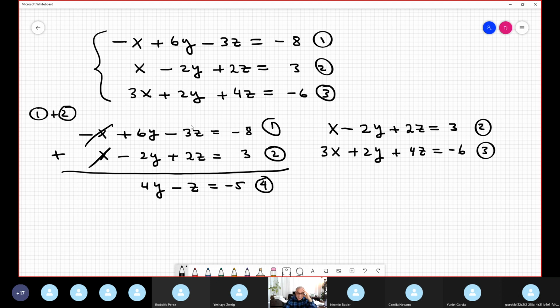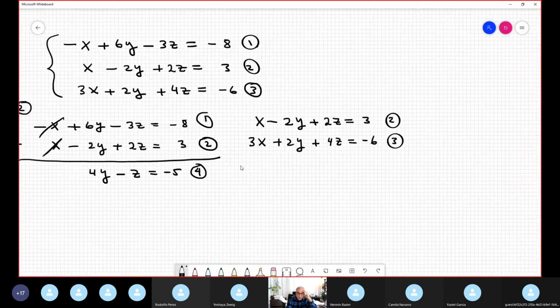If you multiply, well, let's do it. You multiply the second equation by negative 3.